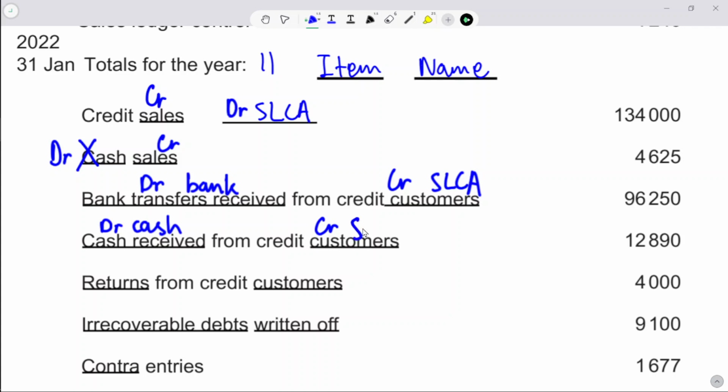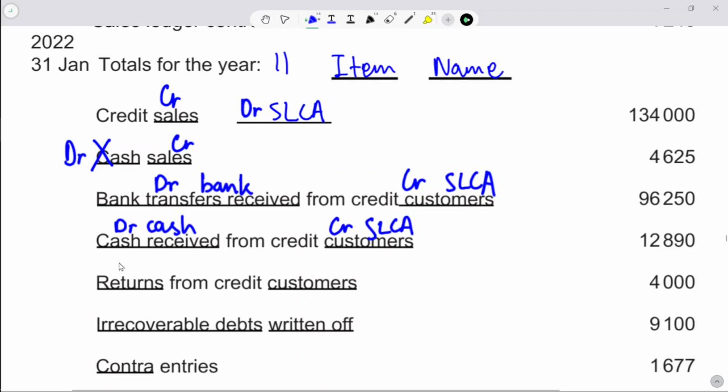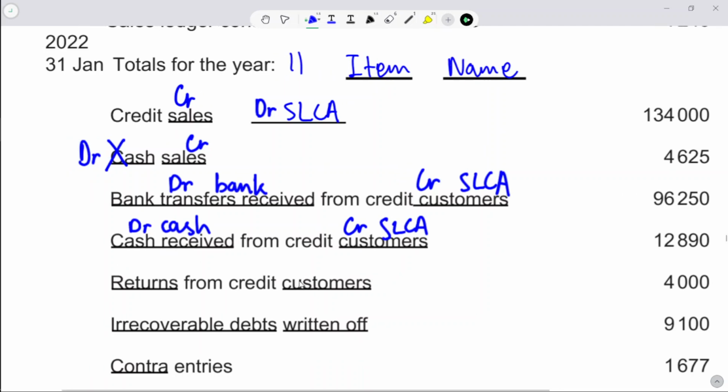Customer is SLCA. Okay. Returns from a customer. So this one refers to sales. Sales return will debit because sales is credit. Sales return debit. Then this one debit, this one credit. Customer is SLCA.